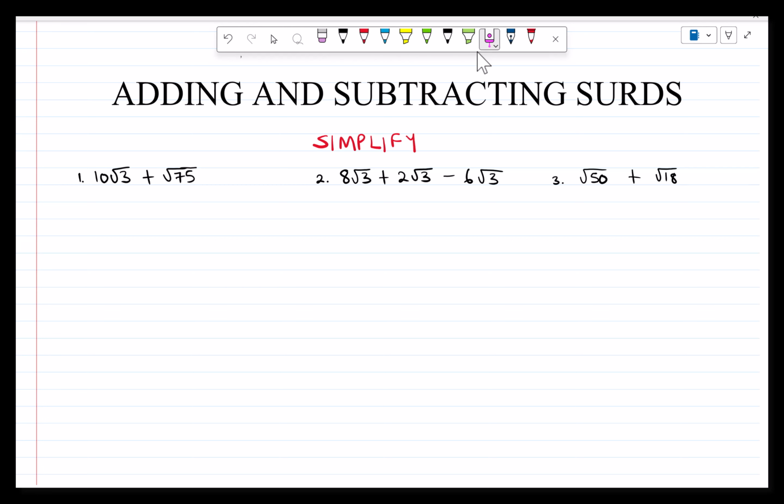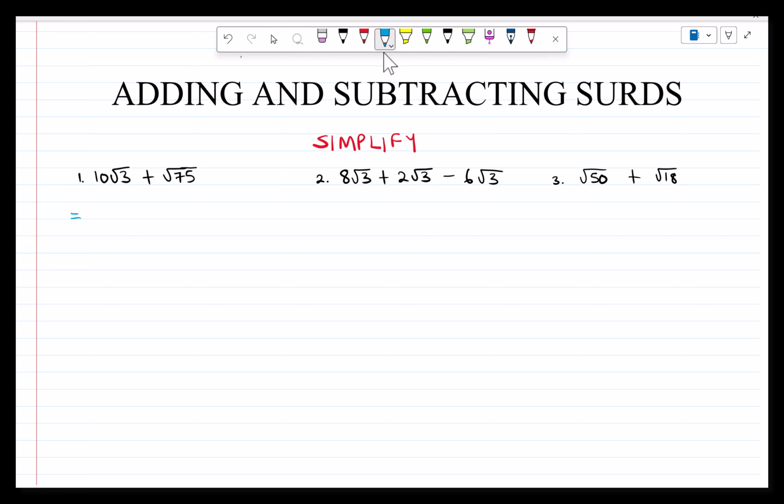So the easiest thing to do when you're dealing with surds, if you want to simplify, for example, root 75, is to check whether you can get a 3 whenever you multiply a number in order for you to get 75. In other words, we can say 75 divided by 3, and then we get 25, which we can use because again, we want to find a number that will give us a perfect square, because that would make our simplification easier.